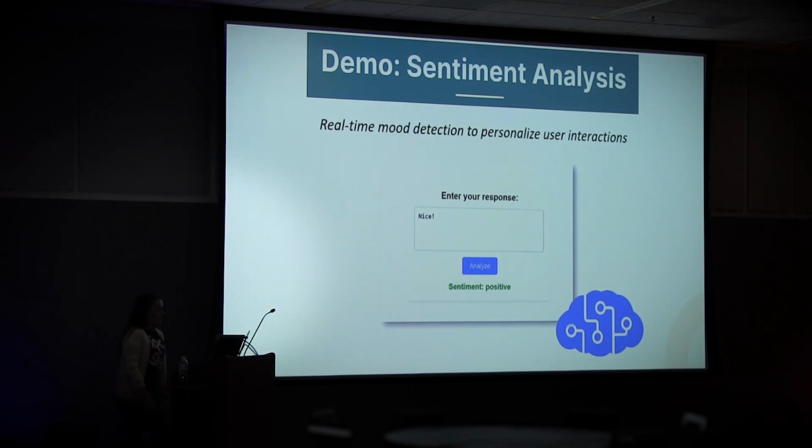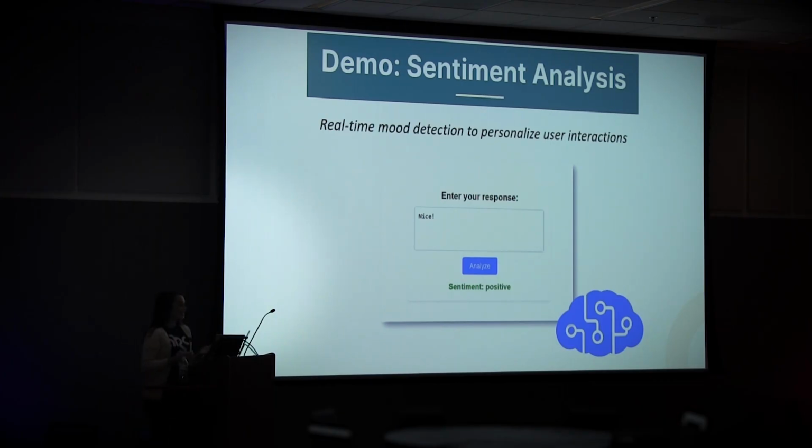So the first demo uses real-time sentiment analysis to detect a user's mood. Are they in a good mood? Are they in a bad mood? Is there nothing going on? This kind of AI feature helps create interactions that feel more relevant to the user. Imagine an app that can sense a user's frustration or enthusiasm.